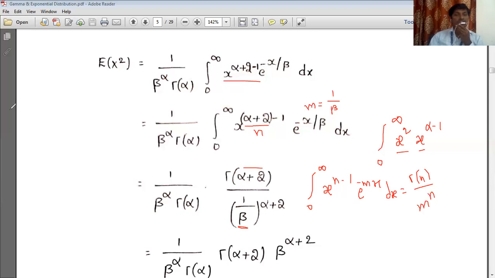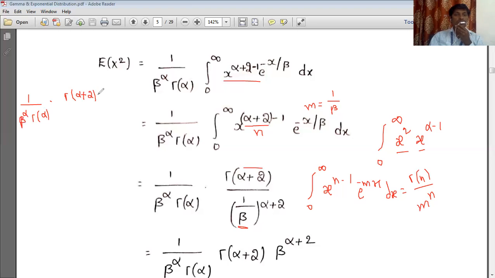Now for simplifying, what we have here is 1 by beta power alpha, gamma alpha, into gamma alpha plus 2, by 1 by beta whole power alpha plus 2.